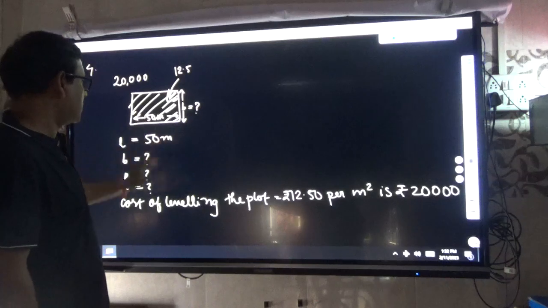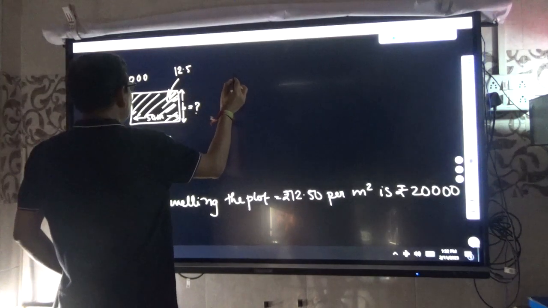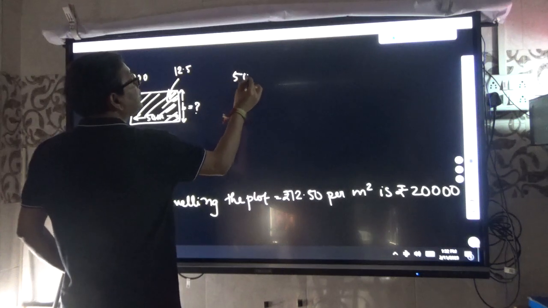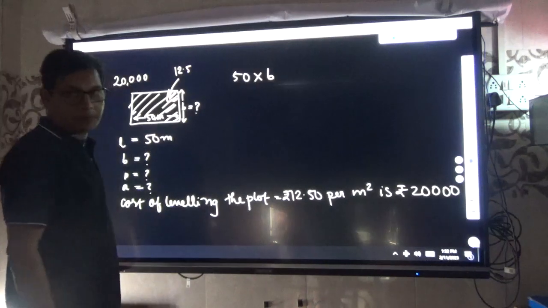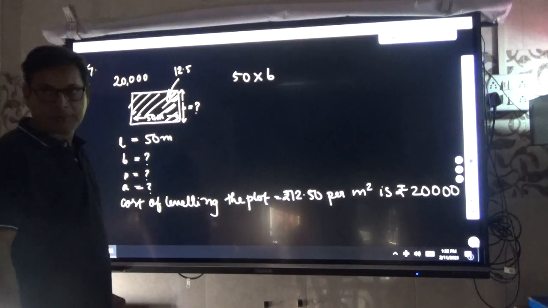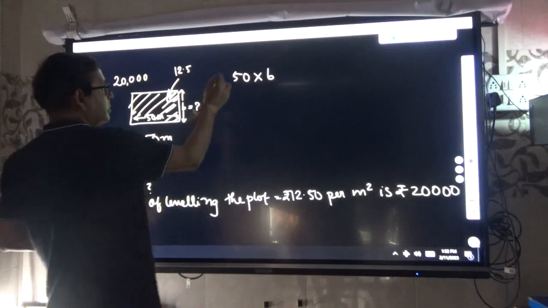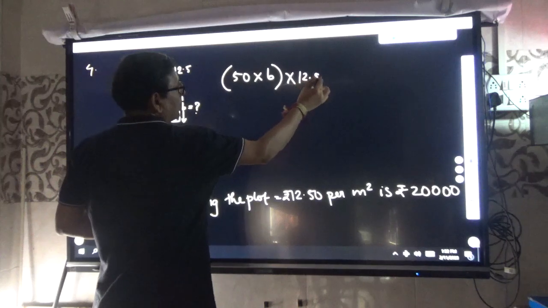So what is the area of this plot? Area of the plot is equal to length into breadth, means 50 into the breadth, this is the area. The per square meter cost is 12.5. So the entire area will cost how much? This into 12.5. Correct?